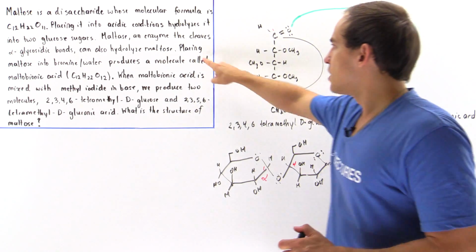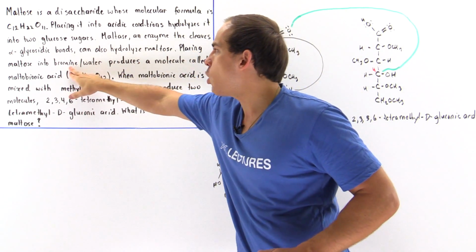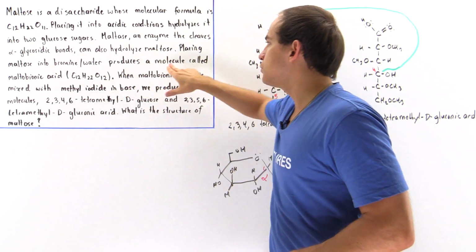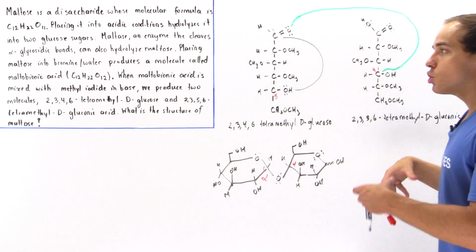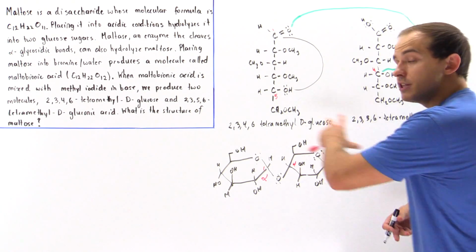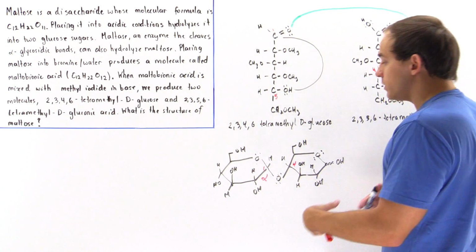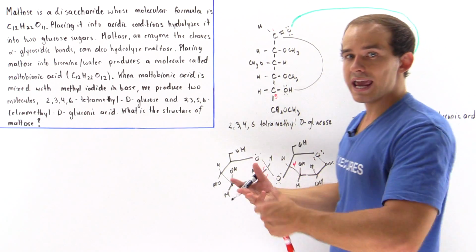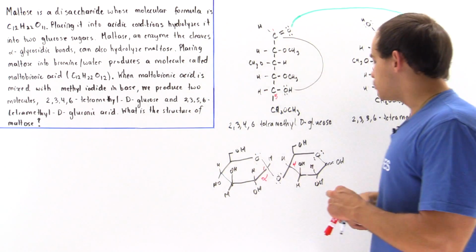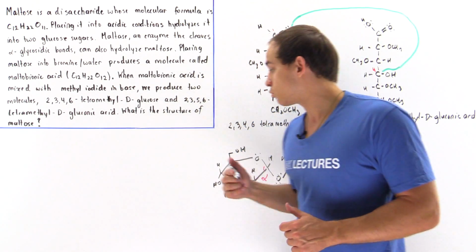So basically, when we take our maltose and we place it in bromine in water, that produces a molecule called maltobionic acid. So this information means this molecule is oxidizable. So we can oxidize this molecule. It can act as a reducing agent. It is a reducing sugar, and that means it must contain a hemiacetal group.